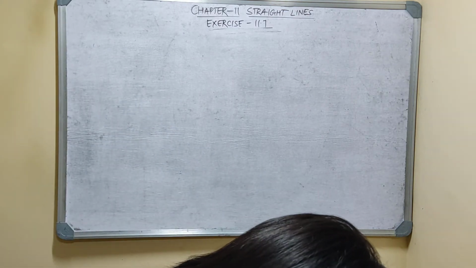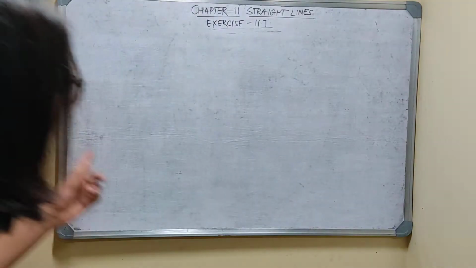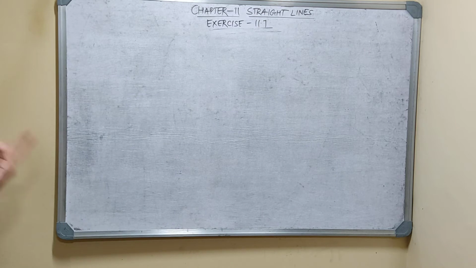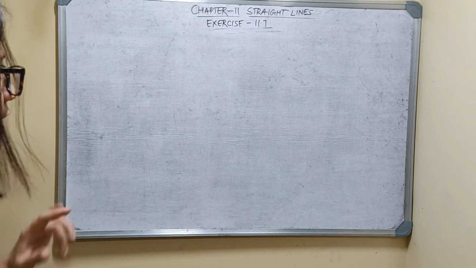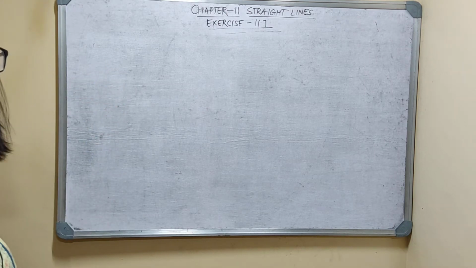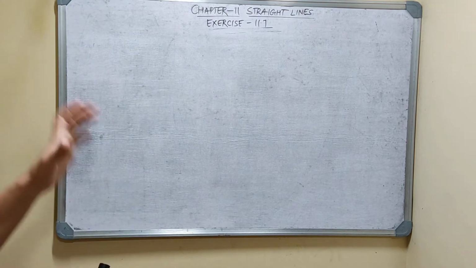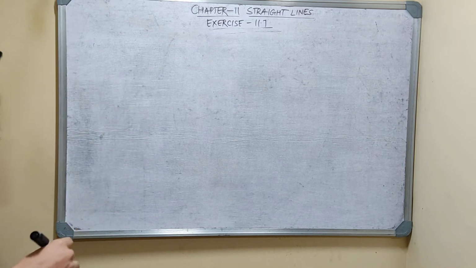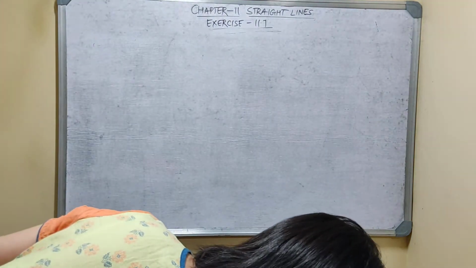Now in the intercept form, the x intercept was minus the constant term upon the coefficient of x, and the y intercept was minus the constant term upon the coefficient of y. Is it clear?